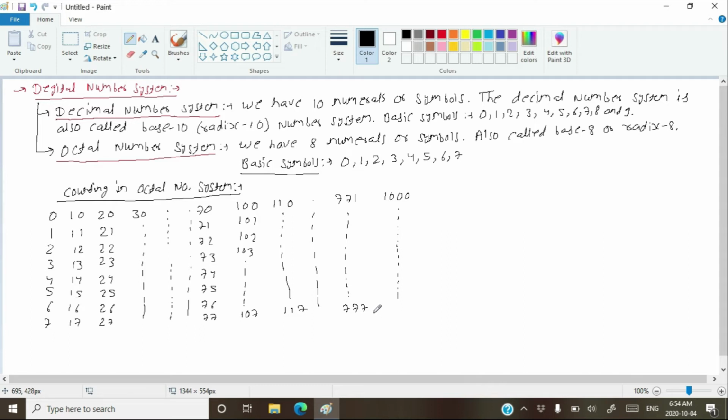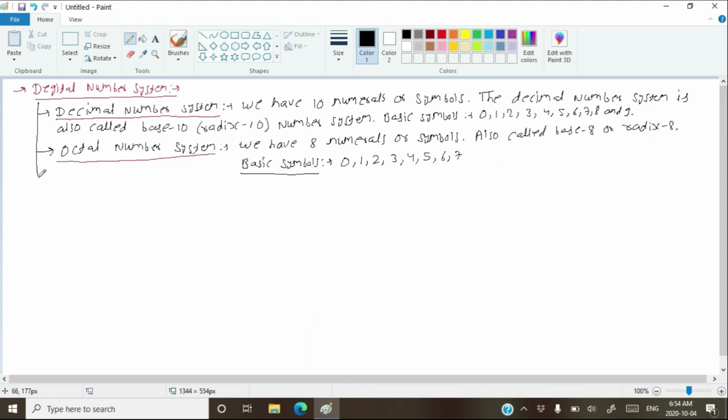Now let's learn about the hexadecimal number system. So after the octal number system, we have the hexadecimal number system. Now tell me how many numerals, how many symbols can be used in the hexadecimal number system.